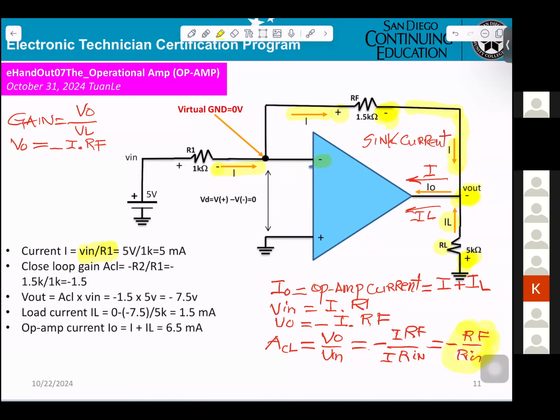In this situation, current goes into the op-amp. That's why they call it sink current. And you must memorize the gain, ACL, equals RF divided by Rin, or R1 in this case.